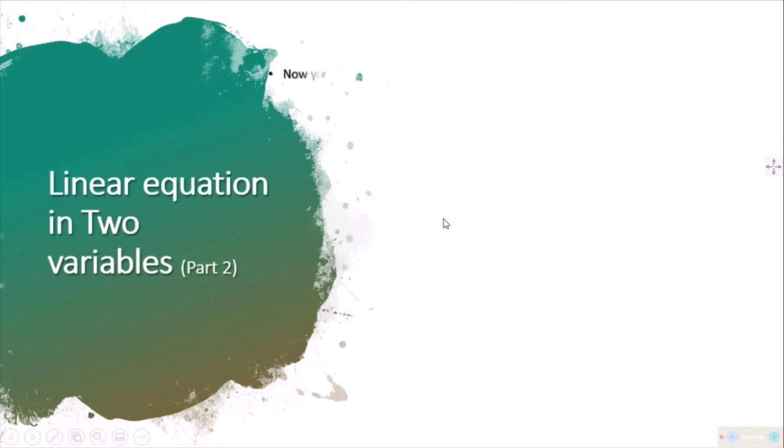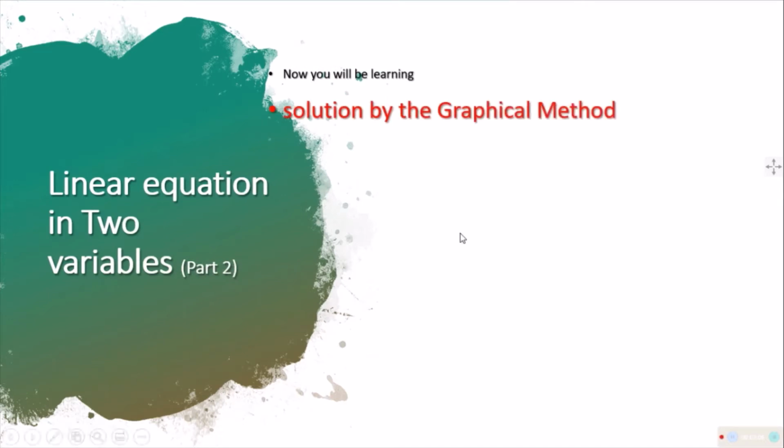Now you will go further to find the solution for a linear equation in two variables by the graphical method. Graphical method, as the name indicates, you will use a graph to find the solution for a mathematical equation, especially a linear equation in two variables.